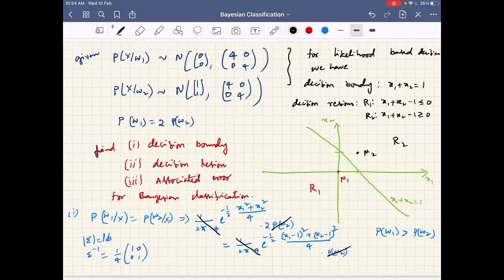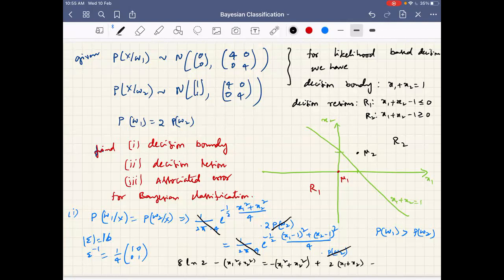So I will write here 8 ln 2 minus x1 square plus x2 square is equal to, with negative sign, x1 square plus x2 square, plus 2x1 x2, 2 into x1 plus x2.